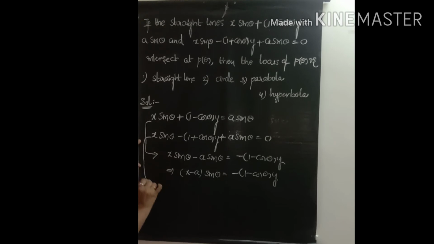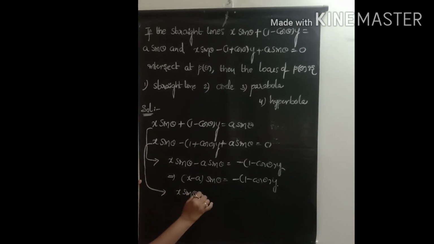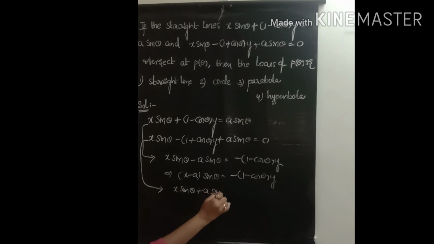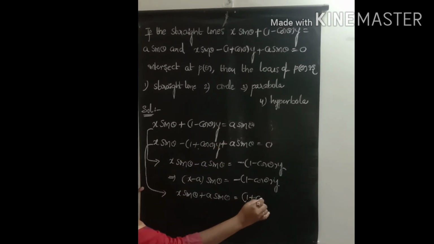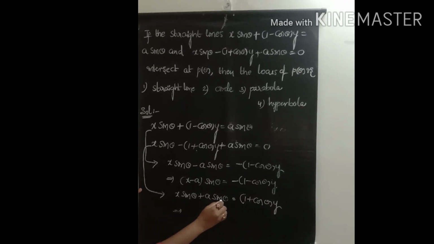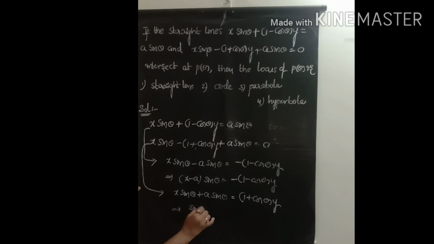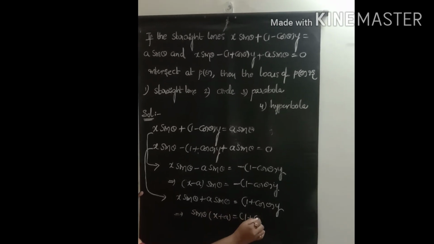Now converting the second equation, which is in the form x sin θ + a sin θ, writing the middle term to that side, that becomes (1 + cos θ) y. Taking sin θ common from these two terms, sin θ (x + a) = (1 + cos θ) y.